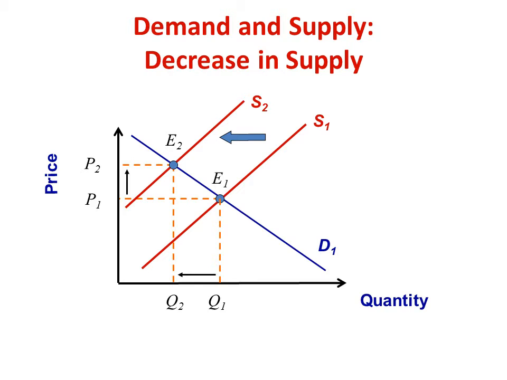At first, it created extremely long lines for gasoline and gasoline shortages because the sellers of gasoline were only willing and able to sell a certain amount of gasoline at that price. The United States government had to go one step further and actually determine when people could buy gasoline based on the last number in their license plate.